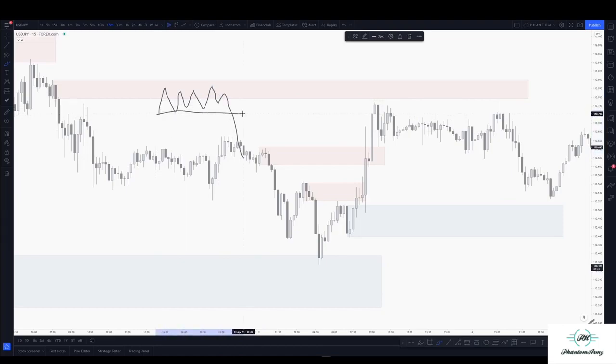And again, what I said in the mapping video is we can draw our entire supply zone based off of the range that is created, or we can refine it to the pivot. And then if we just look at price action here, what do we have? We have a down move, we have a pivot, and then we have a down move. So if we just take what we know about continuation and reversal patterns, if I just continue this on, if we look at the range in itself, this is a reversal model.